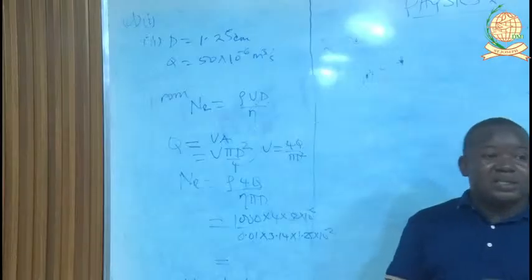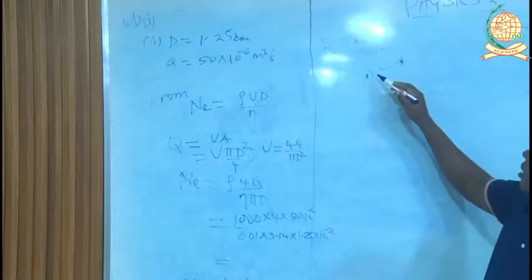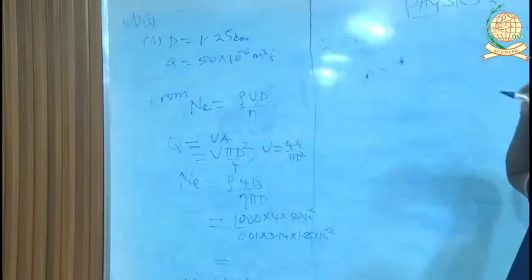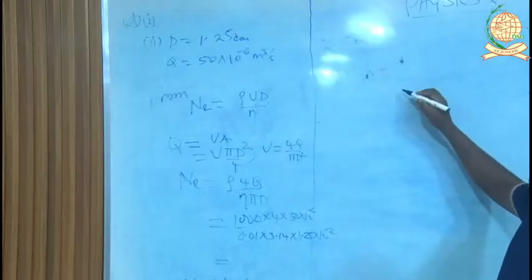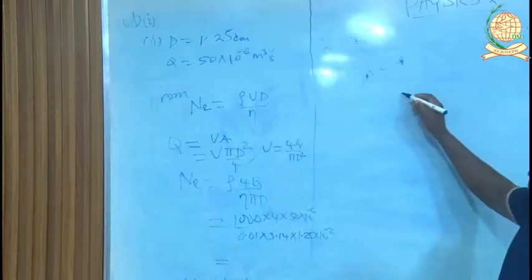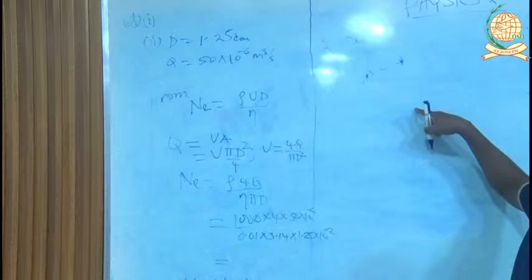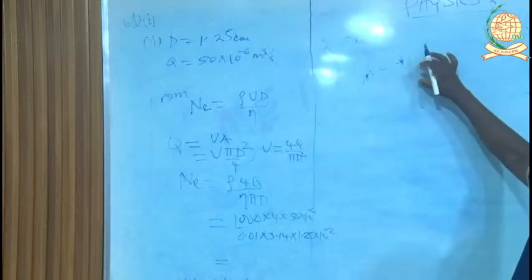Another difference that you can add is the nature of the fringes formed. For interference, first of all, there are many fringes and they are equally spaced. That means fringe separation is constant. But for diffraction, the fringes keep on diminishing.